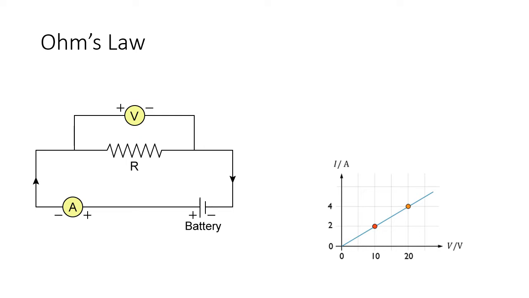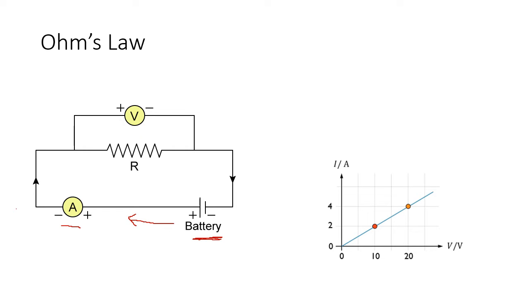So here we have the diagram for Ohm's law. Now, as you can see in the diagram, we have got a battery. This battery provides the necessary potential for the electrons to flow in one direction. And the electrons flowing per unit time is given by the ammeter, which gives us the measure of the current.